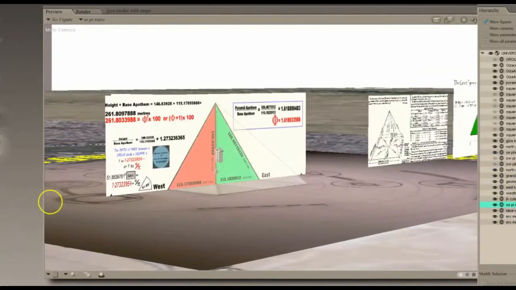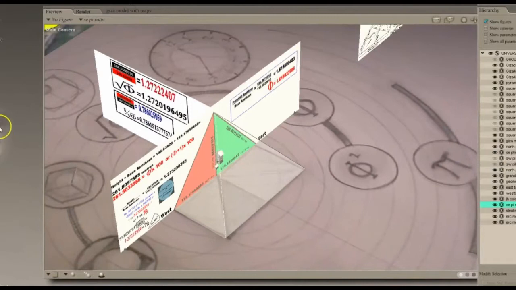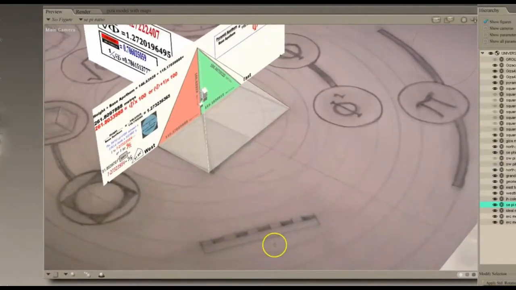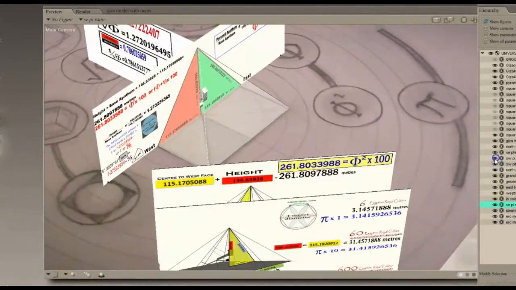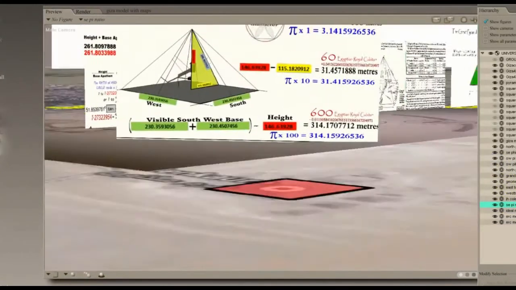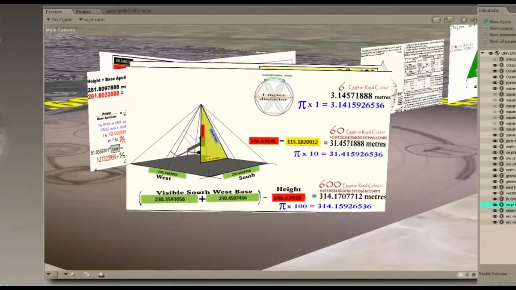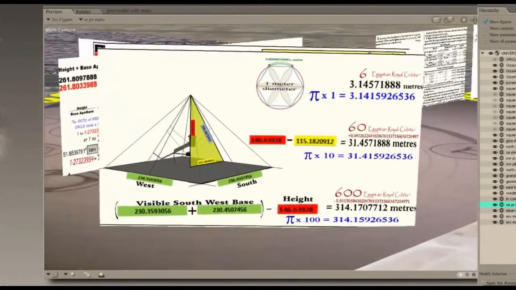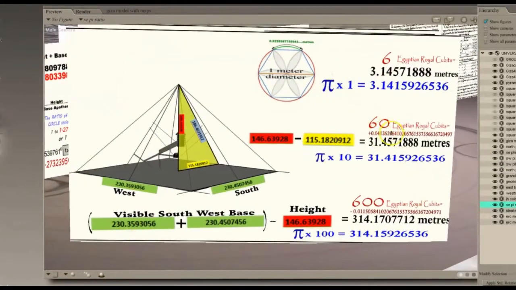Okay, so the southwest corner of the Great Pyramid, and in this diagram you can see I've drawn a ruler, because in measurement, strictly speaking, we get pi, the meter, the cubit, and the second intricately related.